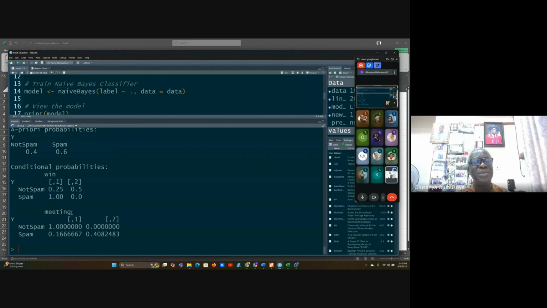The same thing with the word meeting. If you look at meeting and you look at spam, what this one is saying is that if the email is not spam, then it always contains the word meeting. You can see 100%.